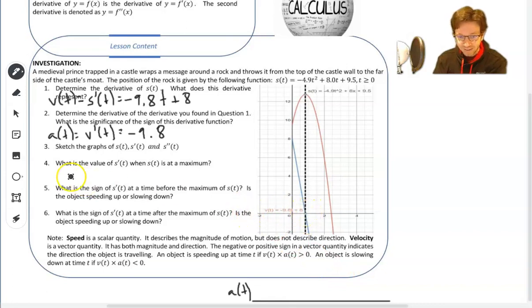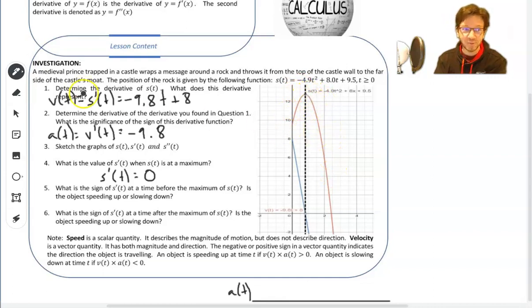Now notice, so what is the value of the derivative or of velocity when position is at a maximum? So when position reaches its peak, right there, velocity is at 0. All right. What does this mean from a physics concept?